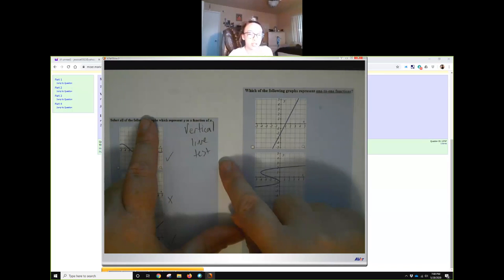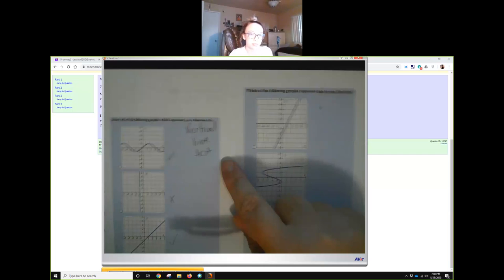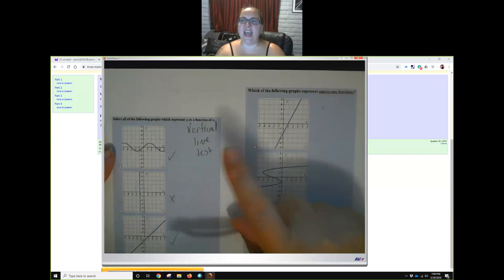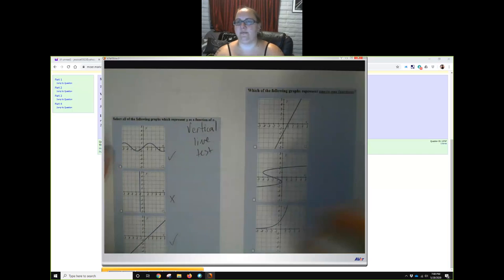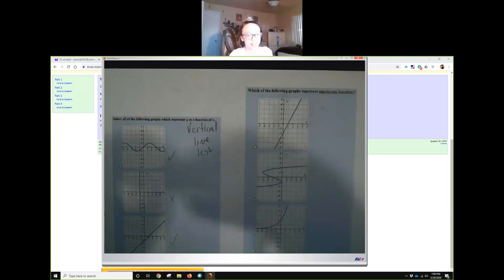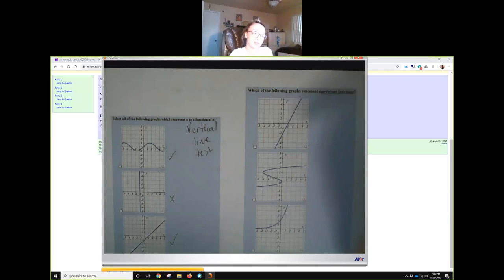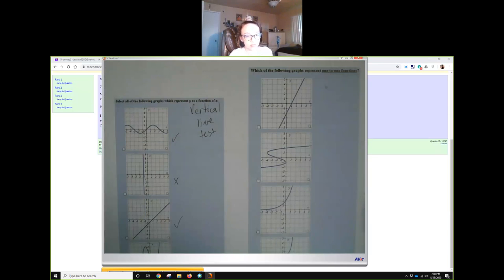So on this one that you just did, it can't touch the line more than twice? It can't touch a vertical line more than once. Okay. Oh, so obviously the second one isn't, because it's not going to touch it at all. Because it is a vertical line.